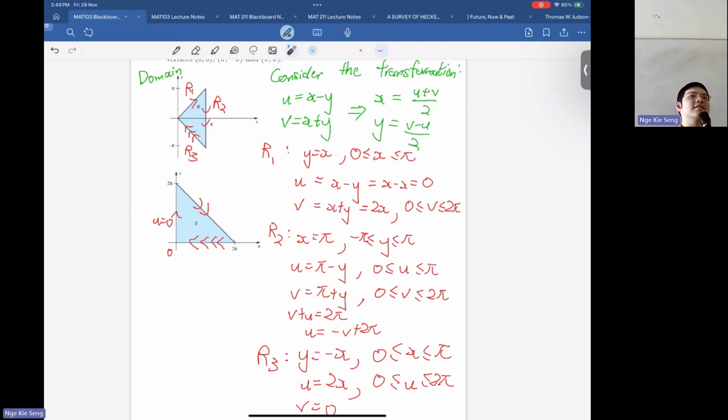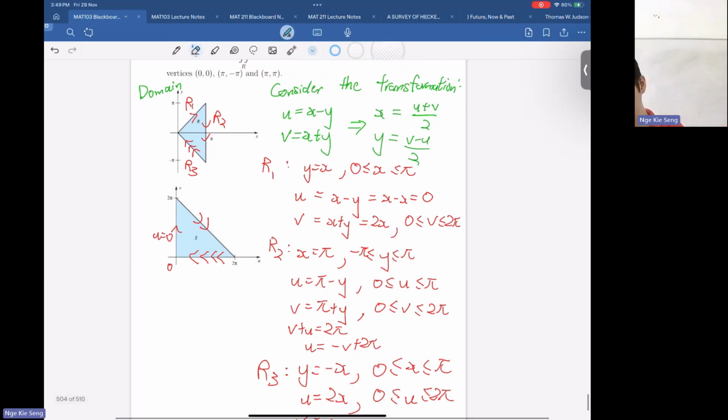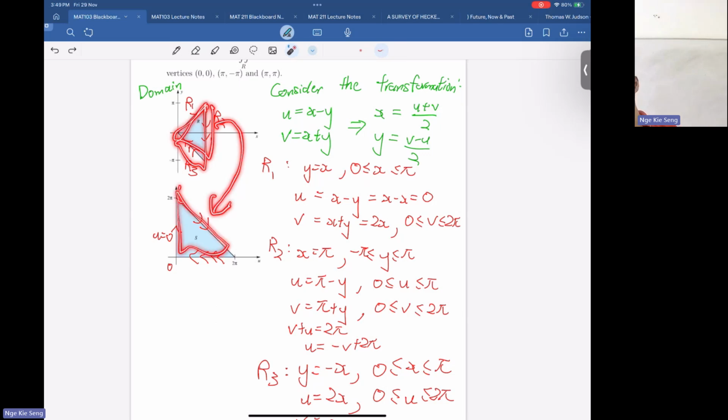First of all, the domain we're looking at is the points inside the triangle, right? After the transformation, we know where the boundary gets sent, but how do we decide where the points inside the triangle get sent? Is it outside the new triangle or inside the new triangle?